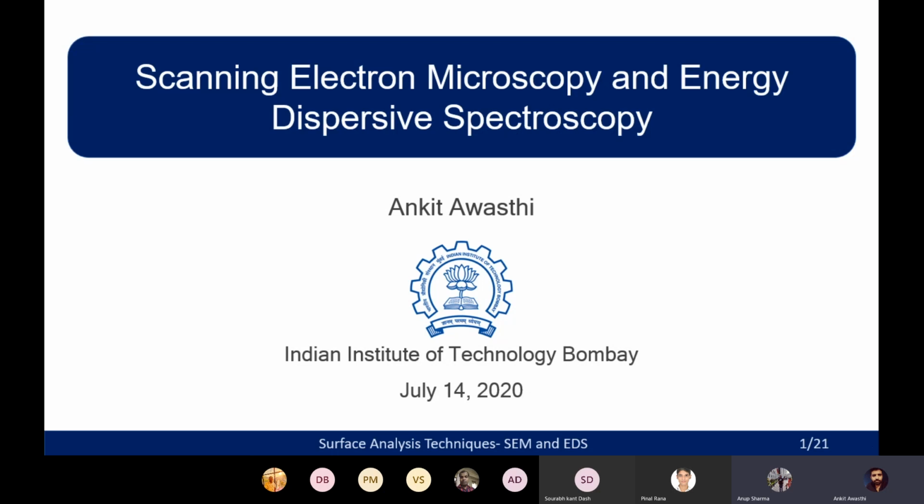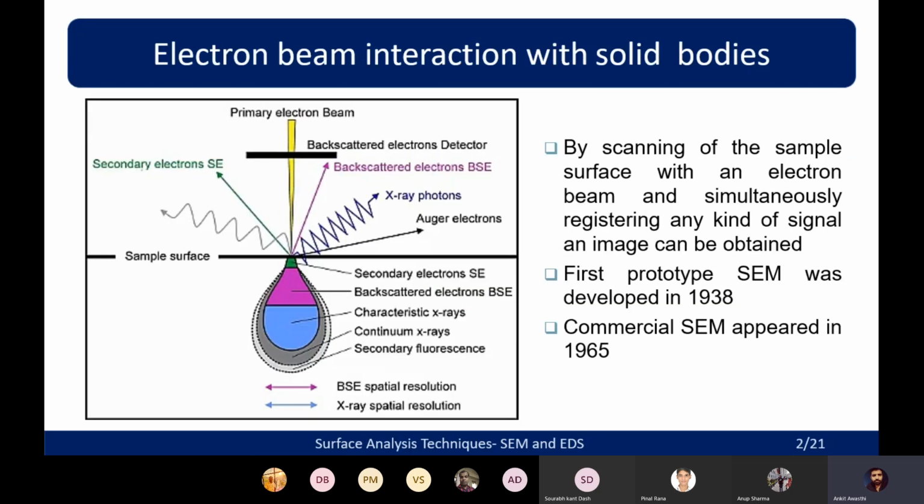Okay. So, good evening, all of you, and welcome to the method of surface analysis lecture series. Today we are going to talk about scanning electron microscopy, which is by far the most popular tool for surface analysis. In scanning microscopy, we are obtaining an image pixel by pixel.